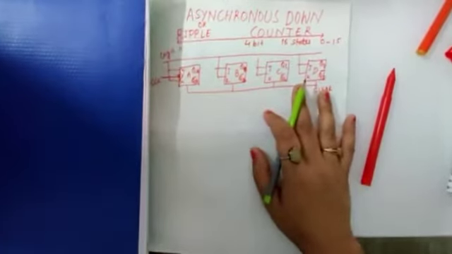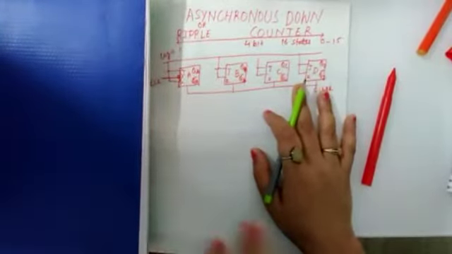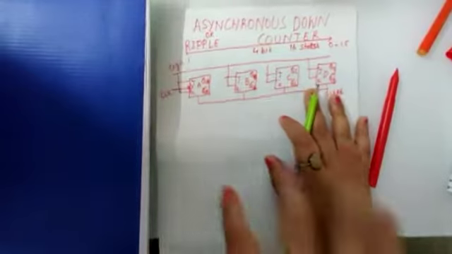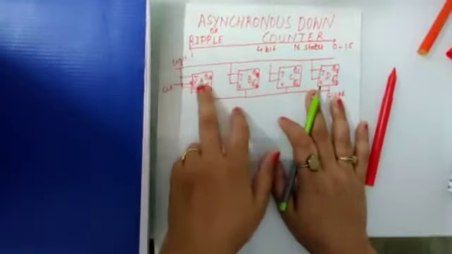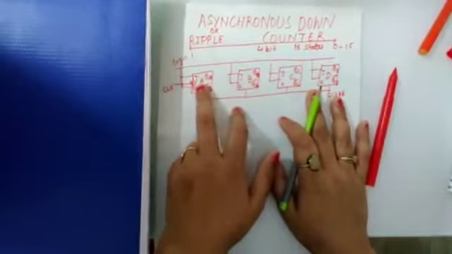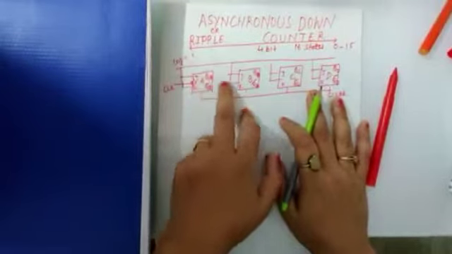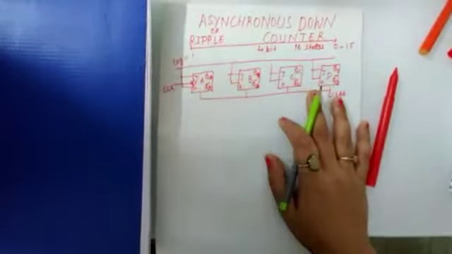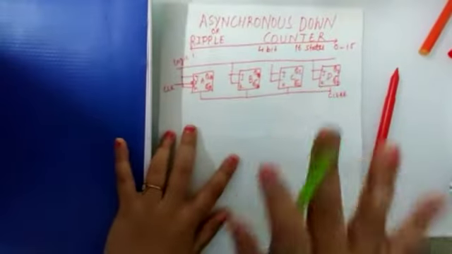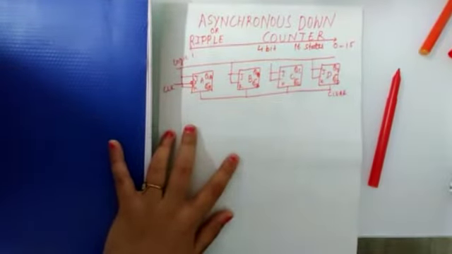So in the case of the up counter, what we have seen is that we are giving a negative clock pulse, and for up counting, the output QA is fed as a clock to the next flip-flop. It was the criteria for up counting. Now there is a slight change.